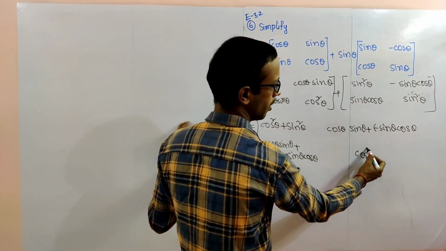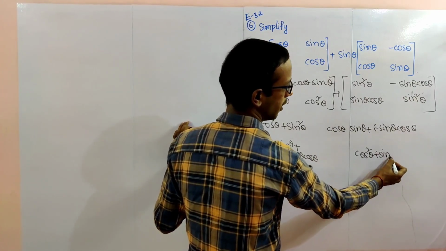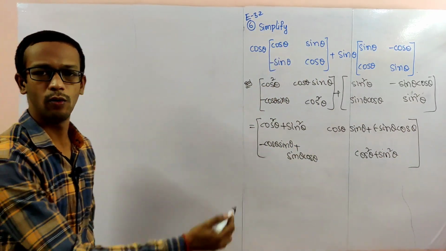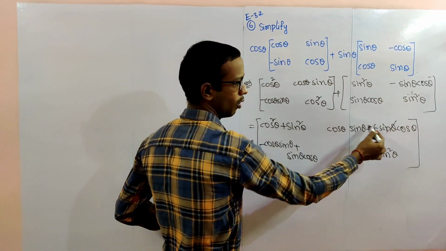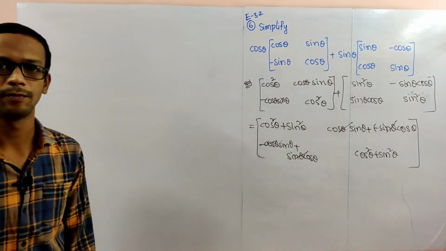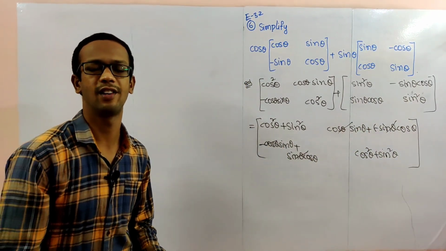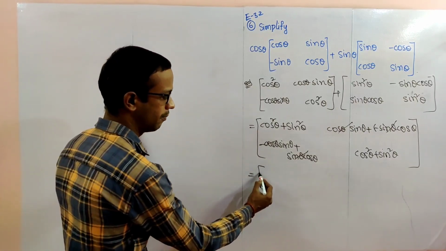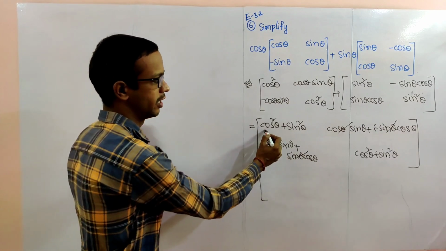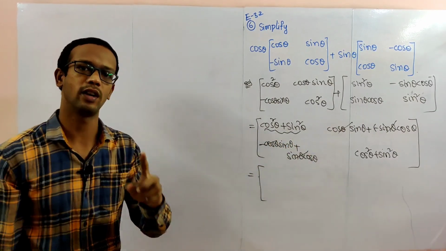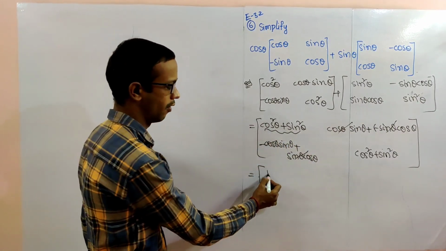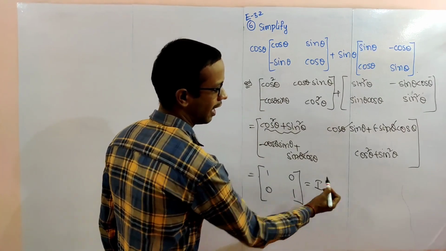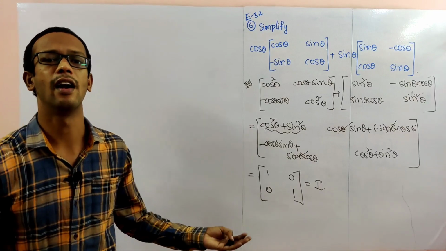Next one, cos square theta plus sin square theta. So now you observe here both cancel. Here both are same, sin theta cos theta, both same. Plus minus is the cancellation you will get. Now I am using here the first trigonometric identity. Cos square theta plus sin square theta is equal to 1. 1, 0, 0, 1. So this is I, identity matrix of order 2.